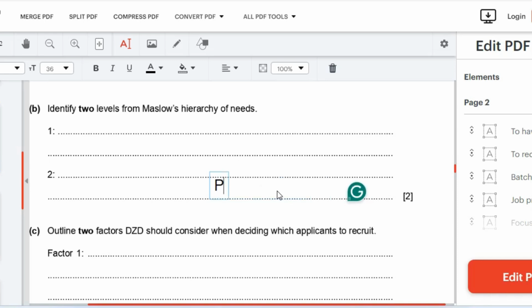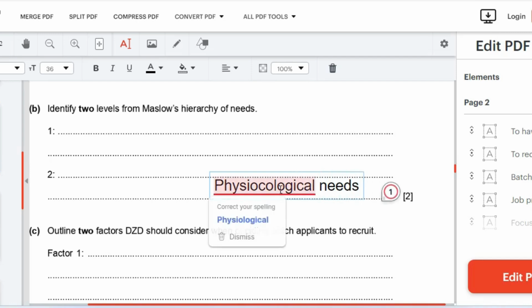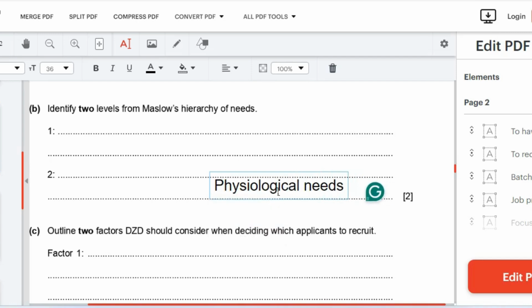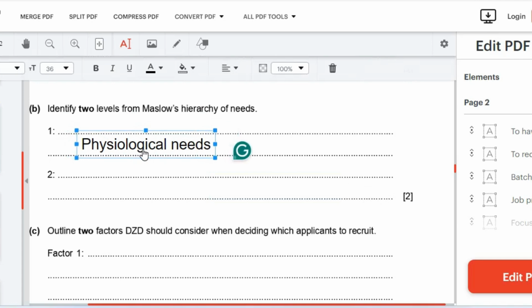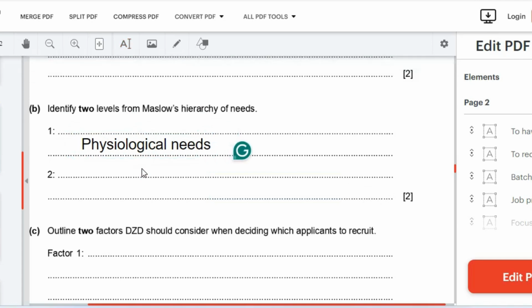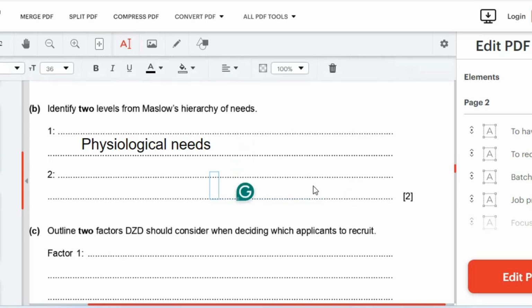Let's write it out and drag it to the first space. Now the second one is safety or security needs.